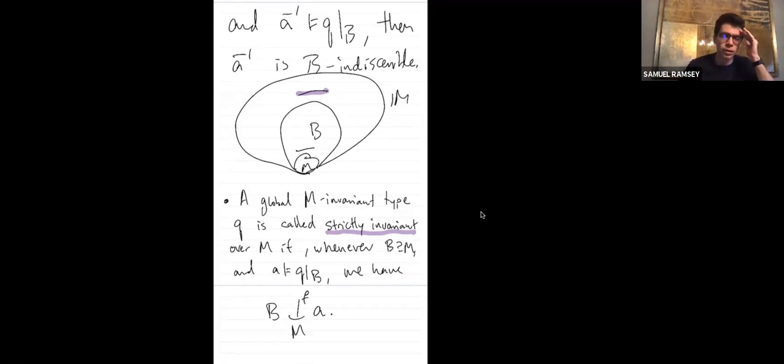So what you should think of is a strict invariant type is a type which recovers just a hint of symmetry. So you have invariance going one way. When you realize A over B, because invariant independence implies non-forking, you have that A is non-forking independent with B, but also you have that B is non-forking independent with A. One of those directions follows from the fact that Q is a global invariant type.